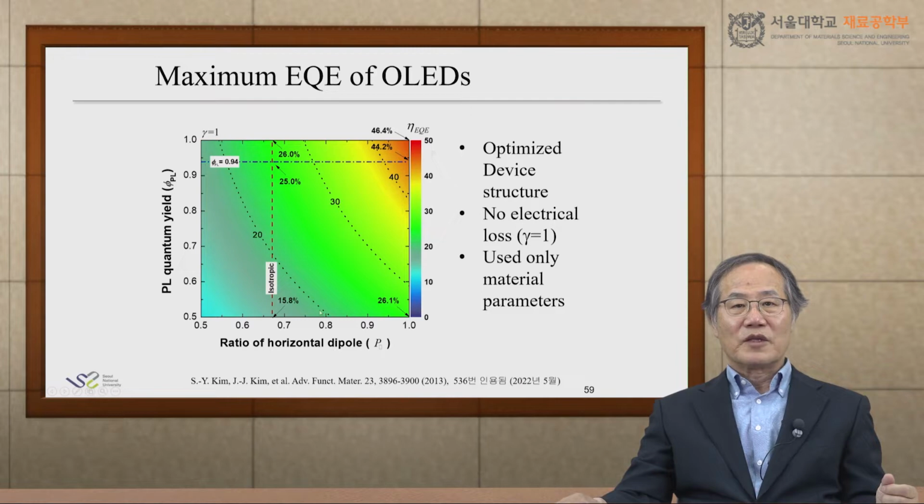And this is the result, and we got these diagrams of PLQY and horizontal dipole ratio. It turns out that the outcoupling efficiency with 100% horizontal dipole orientation and 100% PLQY is about 45%.